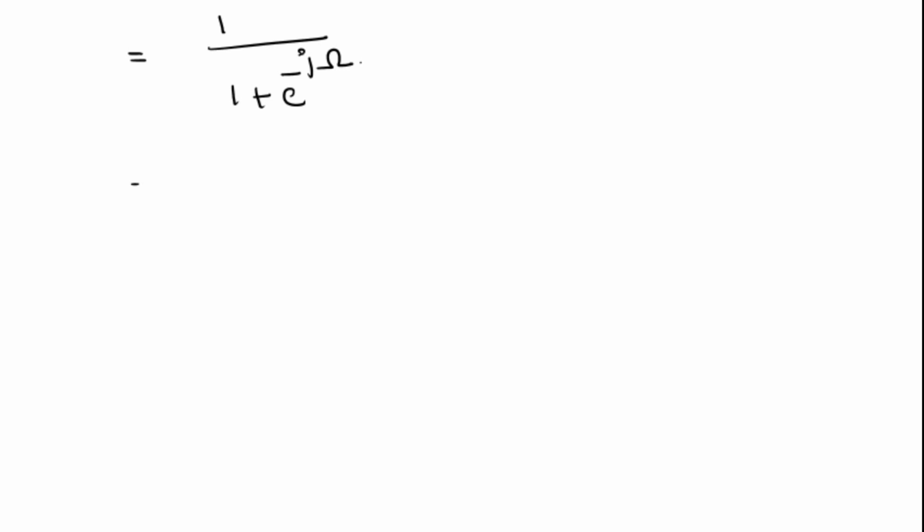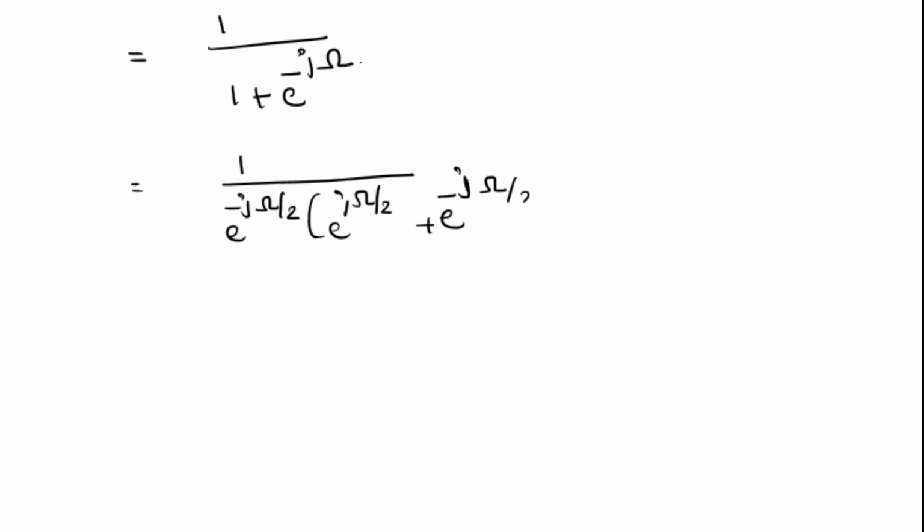So we will get 1 divided by e power minus j omega by 2 into e power j omega by 2 plus e power minus j omega by 2.